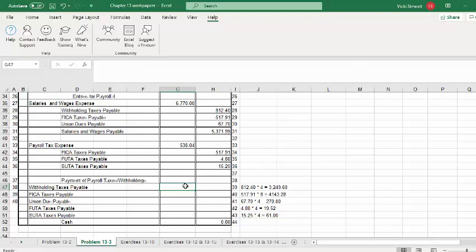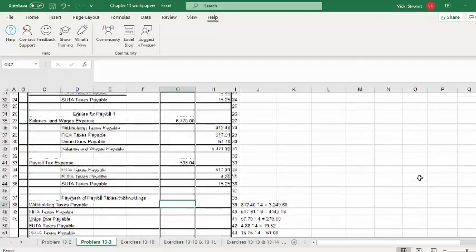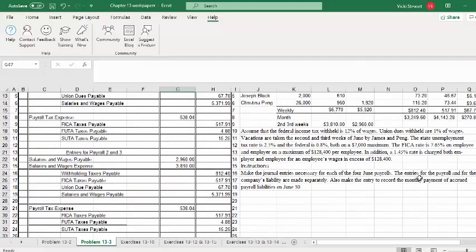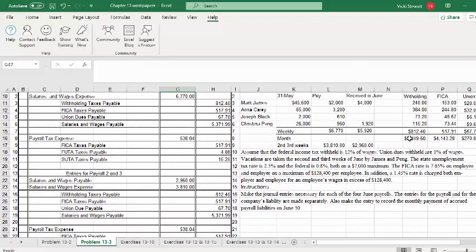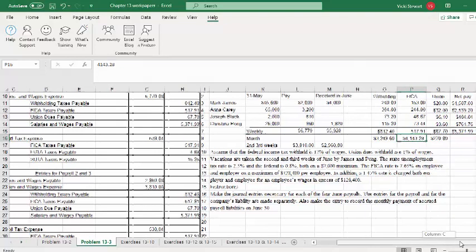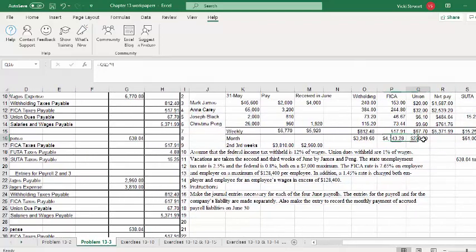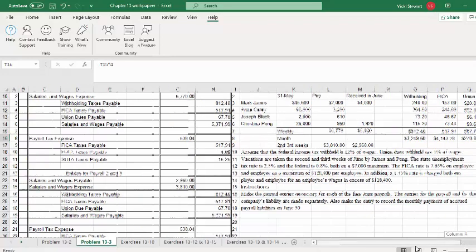Now remember, in the payroll register, I have been accruing those amounts for the monthly amounts. The withholding amount would be this weekly amount times 4. As we said, the FICA, though, is going to be 8 times because the employer is required to match it. The union dues are 4 times, and the state and federal unemployment are also times 4.